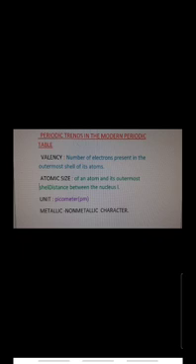Atomic radius goes on decreasing while going from left to right within a period. The reason behind this is as follows. While going from left to right within a period, the atomic number increases by 1, meaning the positive charge on the nucleus increases by 1 unit at a time.